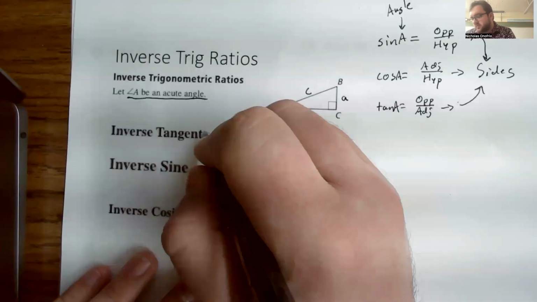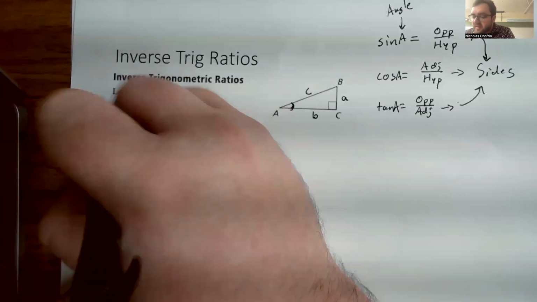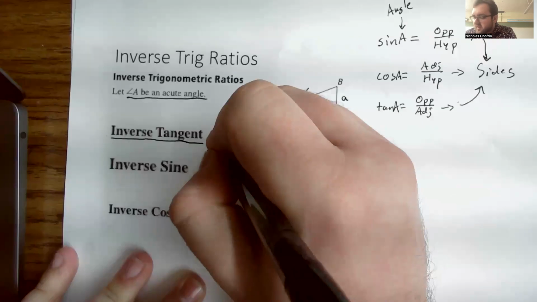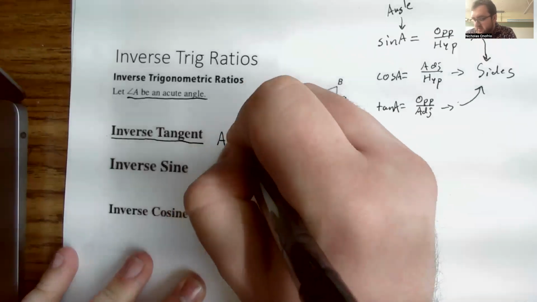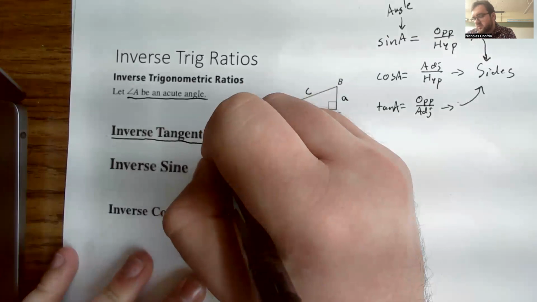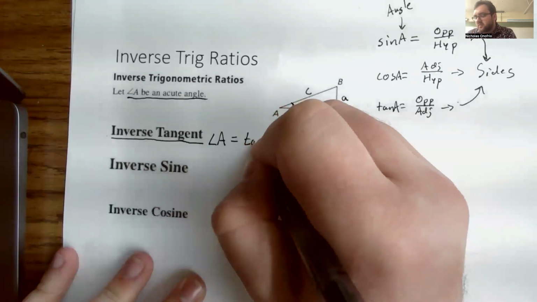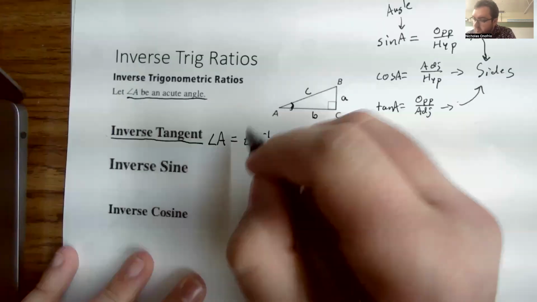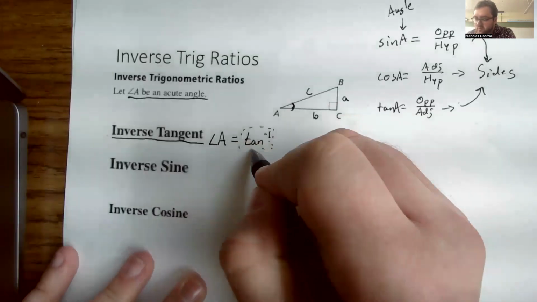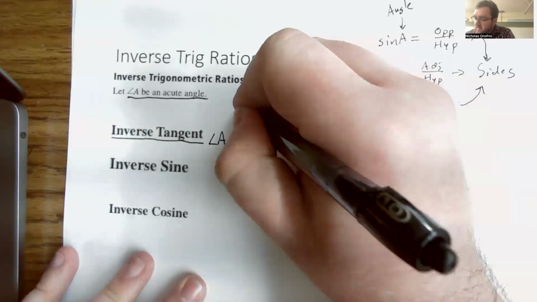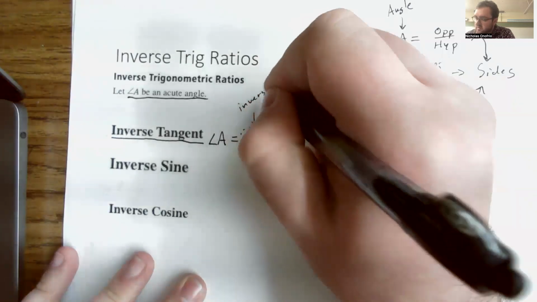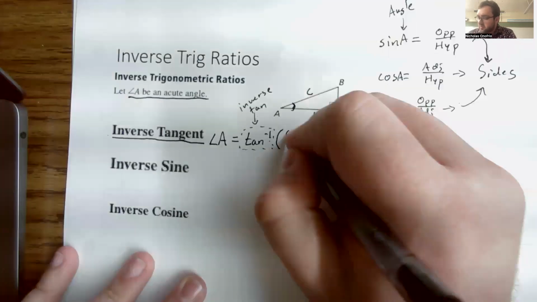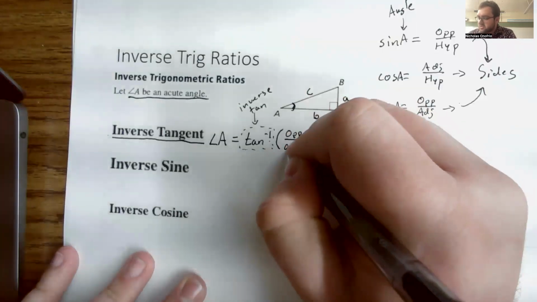For instance, to find the inverse tangent, we could say angle A is equal to the inverse tangent, which we write with this -1, of our opposite side over our adjacent side.